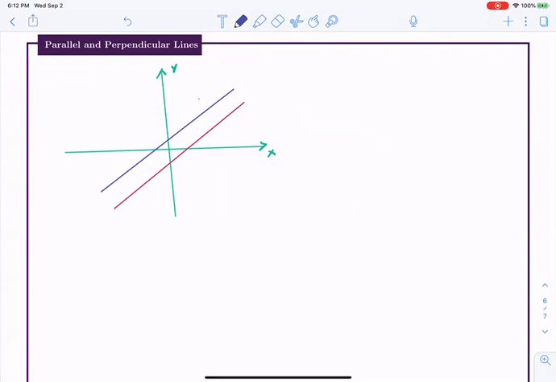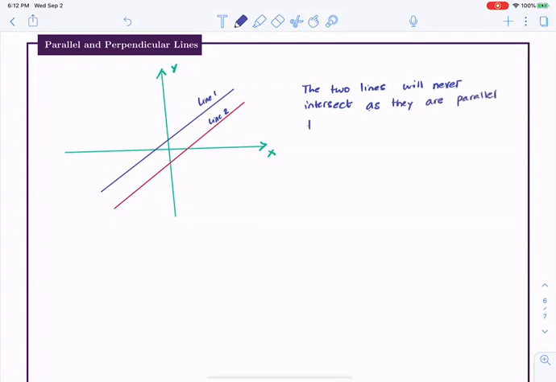So the first thing to notice is that two lines that are parallel to each other cannot intersect.